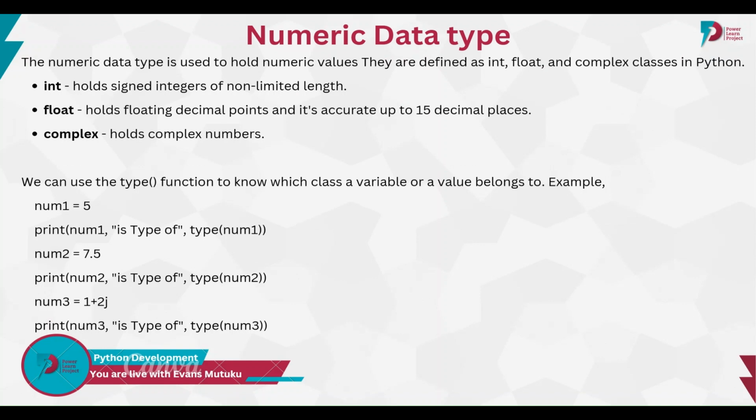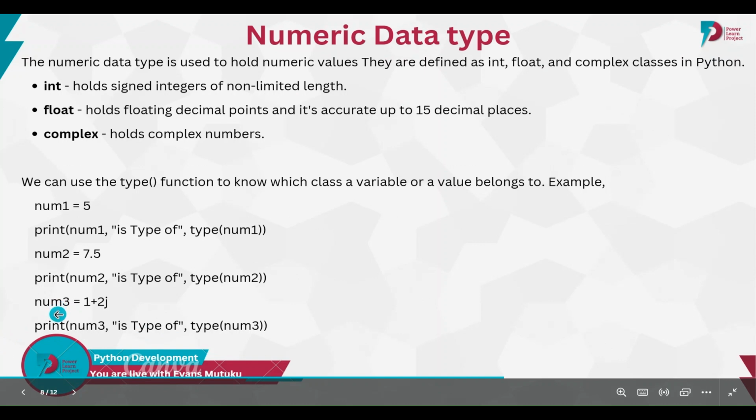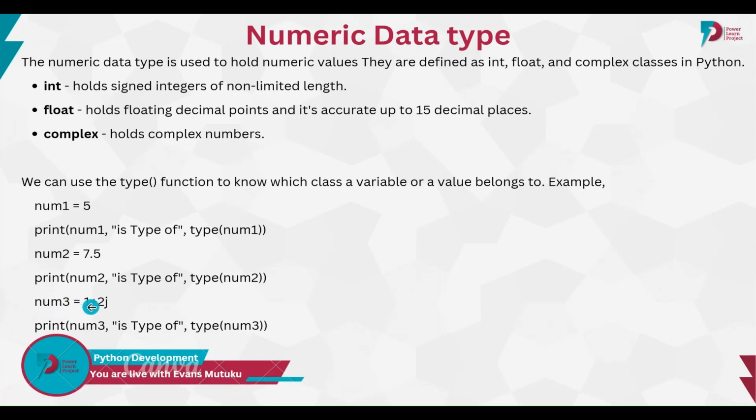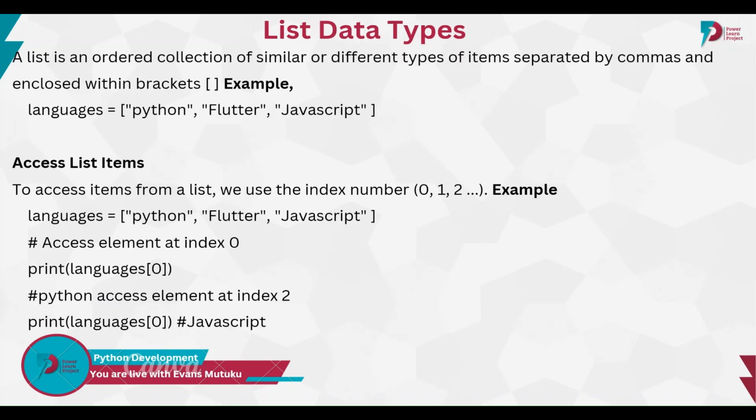Then we have the complex data type, like in our example over here, num3 is equal to 1 plus 2j. That's a complex data type, and these complex data types are mostly used in scientific calculations.